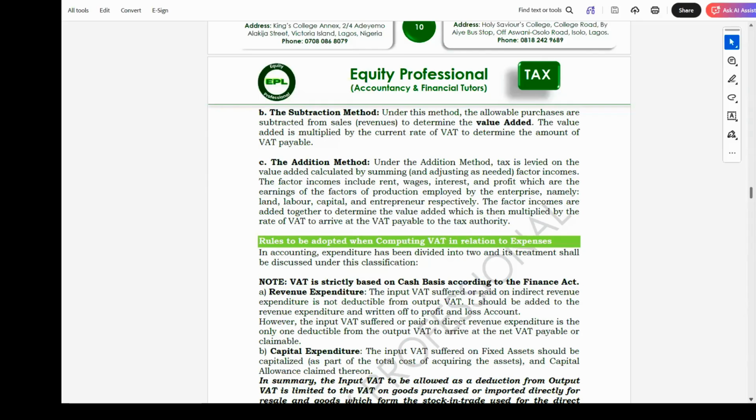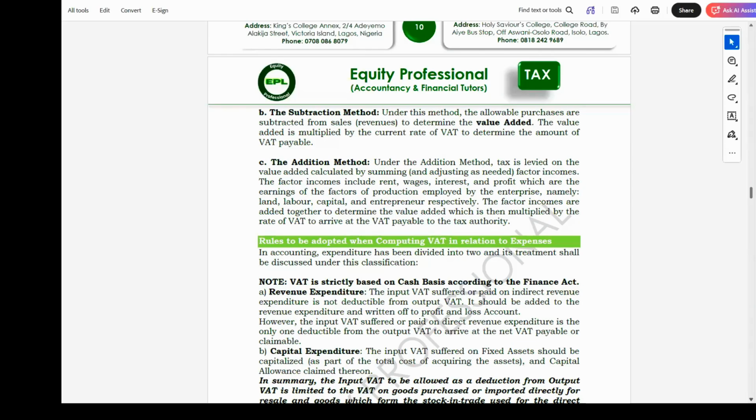It is not all the VAT that you paid on your purchases that will be deducted from your output VAT. Certain value added taxes are not deducted from output VAT. So we need to know which expenditure qualifies for input VAT.